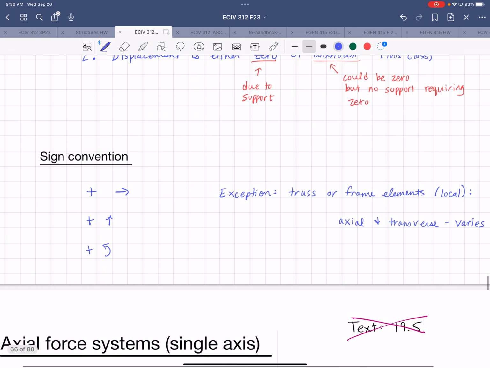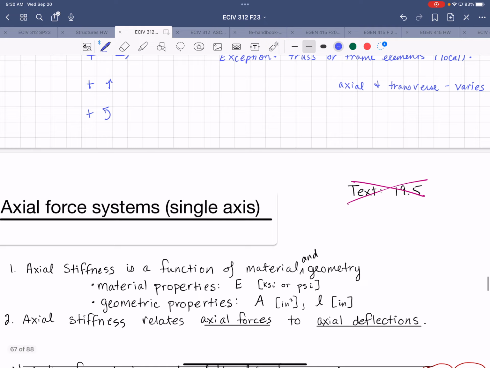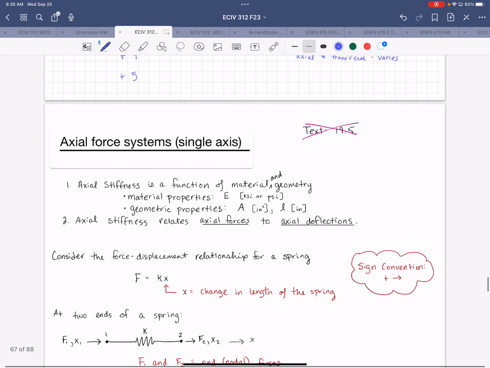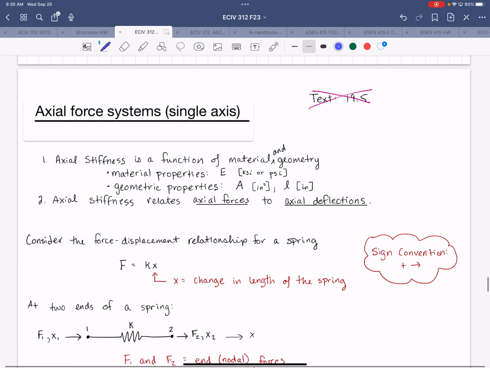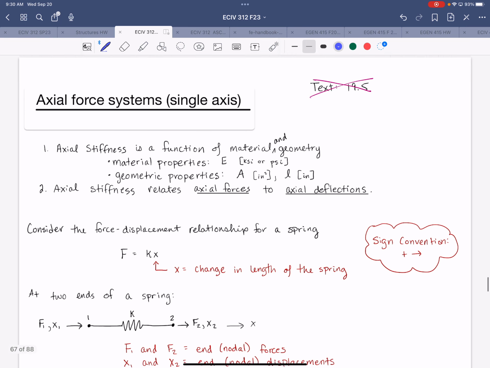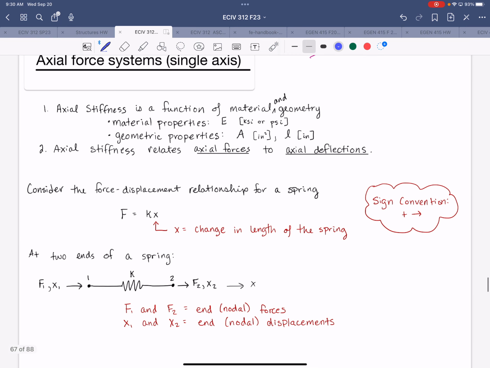All right, so let's get rolling with single axis axial force systems. A lot of the notes are already written down here, so we'll have a little bit of writing to do, but essentially we're going to start off by identifying the specifics to this type of system.